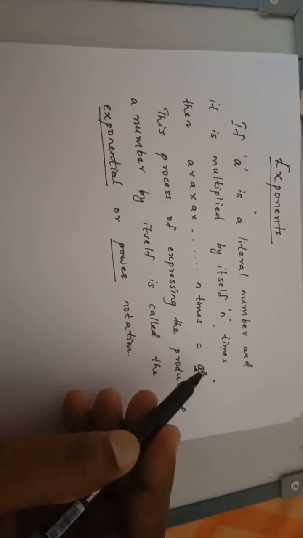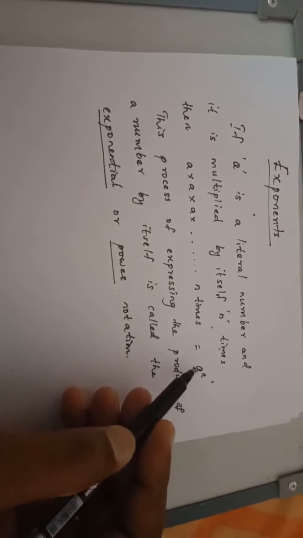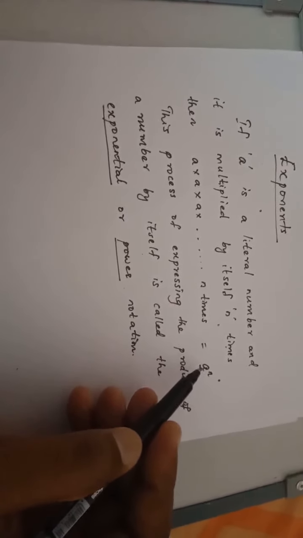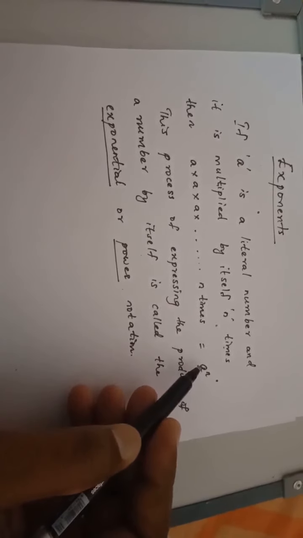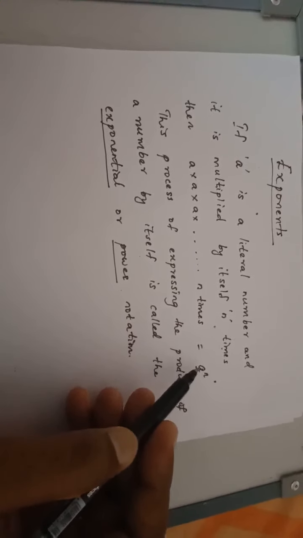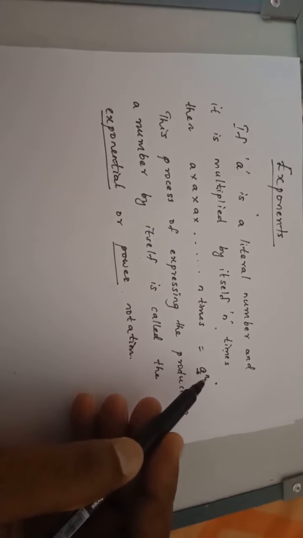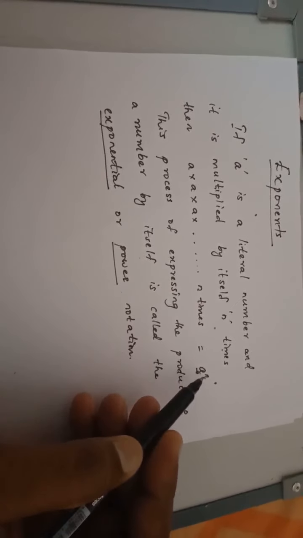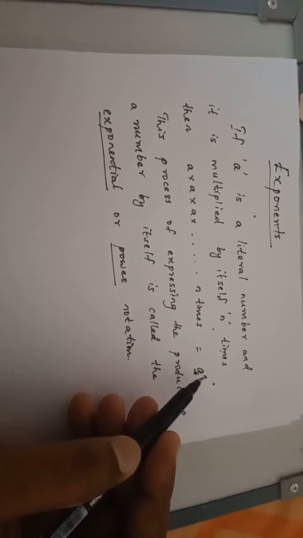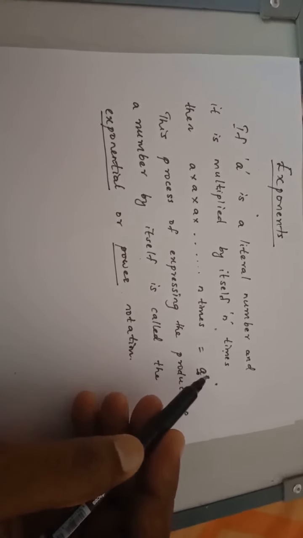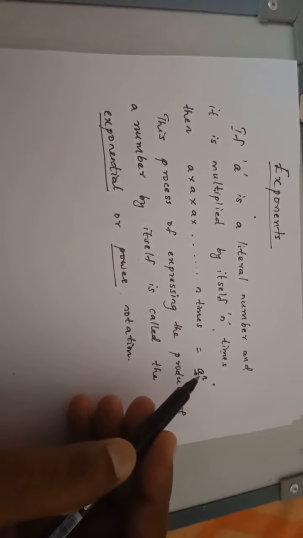The number a is multiplied many times. So the number which is multiplied many times will be the base, and the number of times it is multiplied is written as the power or exponent or index, on the top right corner.